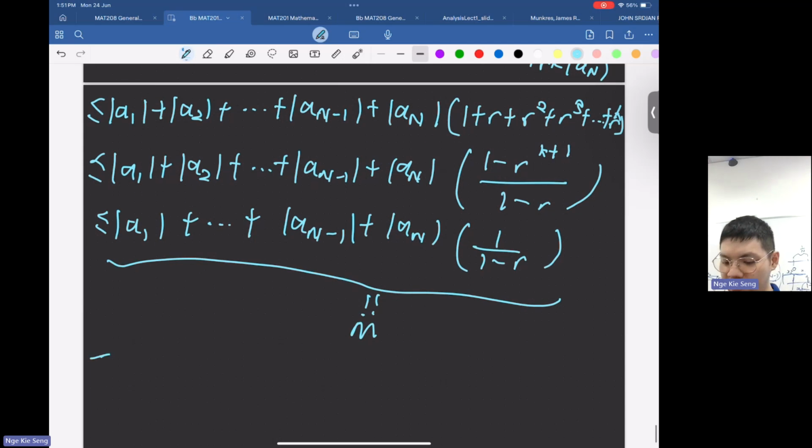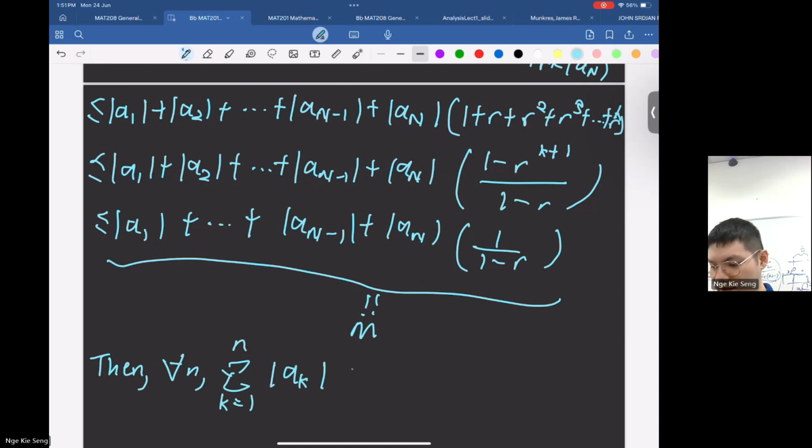So what we have shown is for every n, the finite sum of a_k is less than or equal to M.